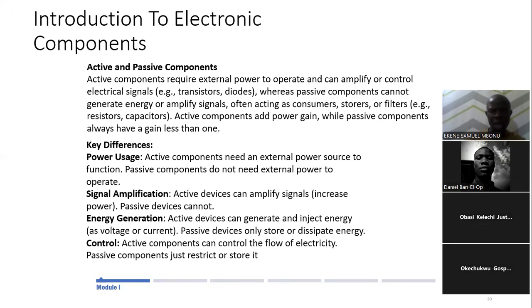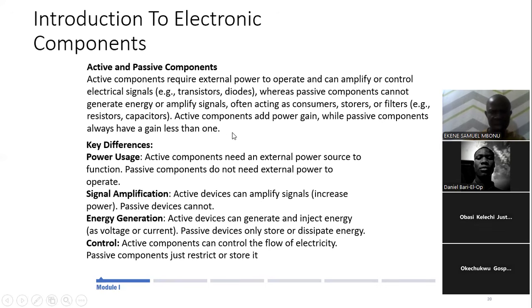Okay, so active components have a way of amplifying or modifying the signal. For example, you can use a transistor to amplify a signal. But passive components do not do that.